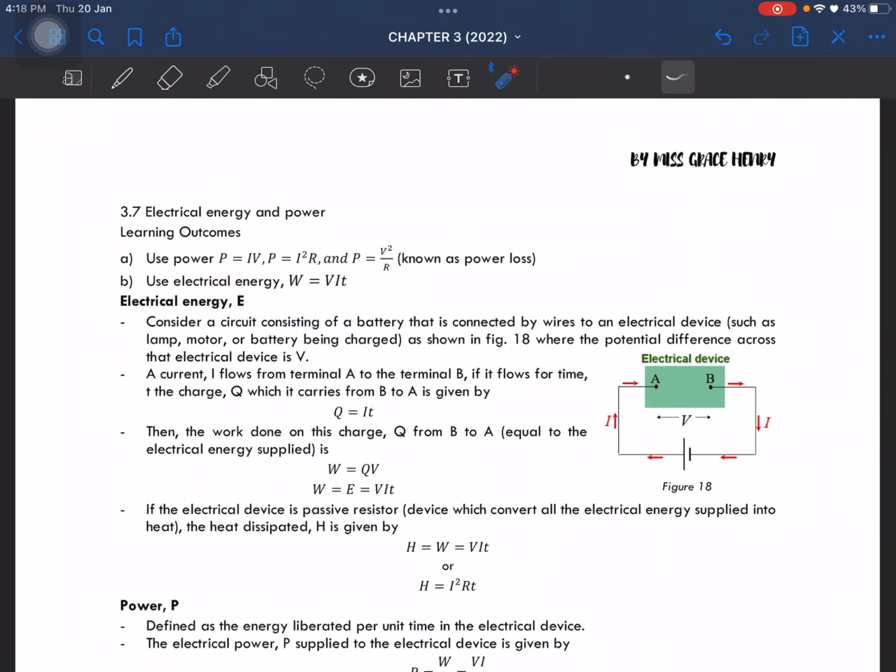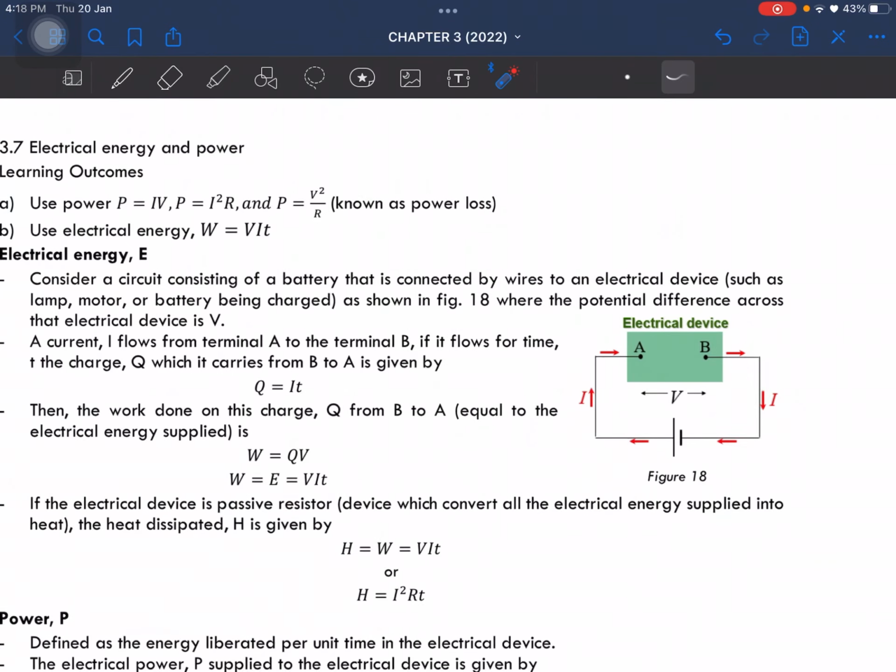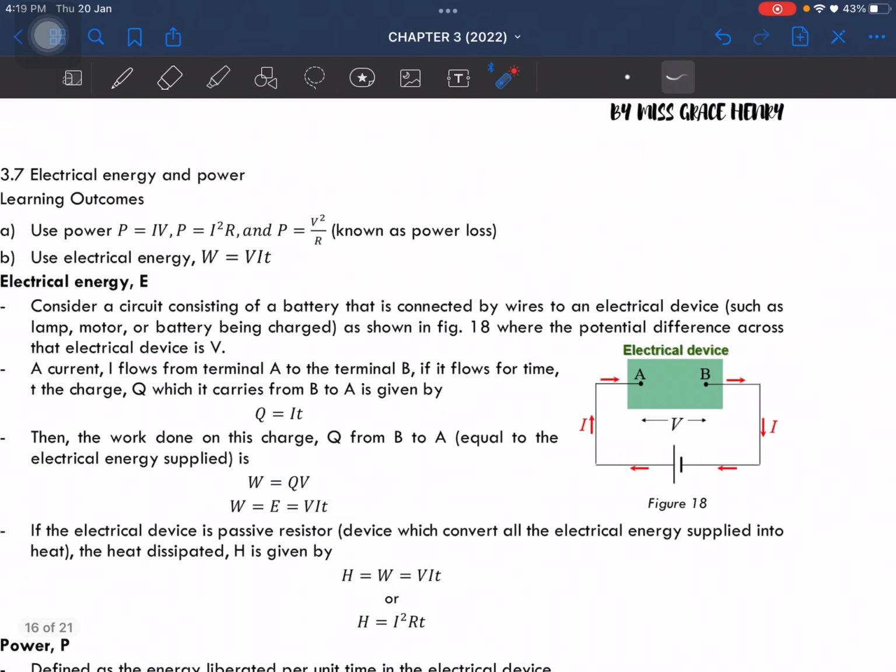So let's consider a circuit consisting of a battery that is connected by wires to an electrical device. The potential difference across this electrical device is V. If a current is flowing from terminal A to terminal B for a time t, the charge can be calculated using the formula here.